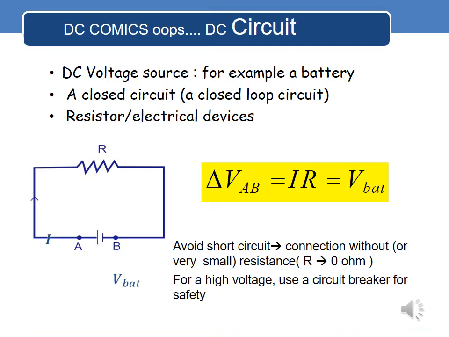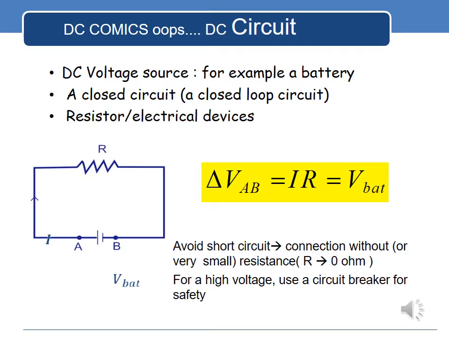A simple DC circuit consists of a DC voltage source, for example a battery, and then an electrical device, for example a resistor, in a closed circuit. The delta V_AB, the potential difference between points A and B, is simply I, the current flowing in this closed circuit, times R, the total resistance in this circuit.